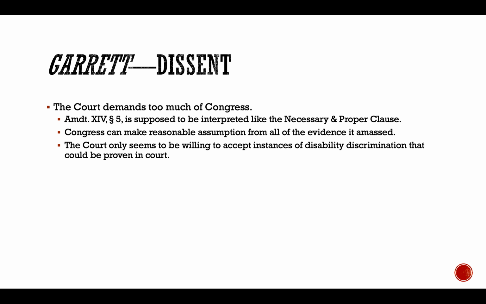So when Chief Justice Rehnquist was reviewing the briefs and the examples of alleged state discrimination against the disabled, remember Rehnquist's response was, these might be instances of poor treatment of disabled people, but they're not instances of unconstitutionally poor treatment.